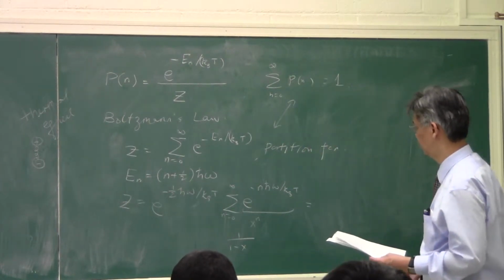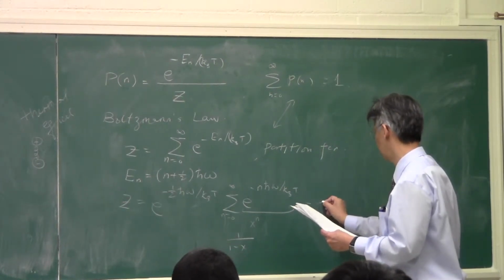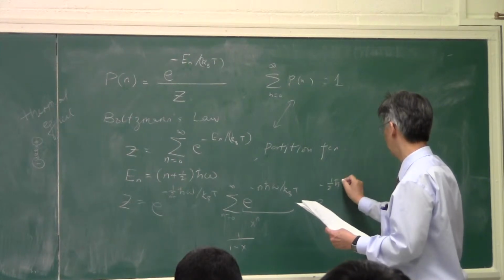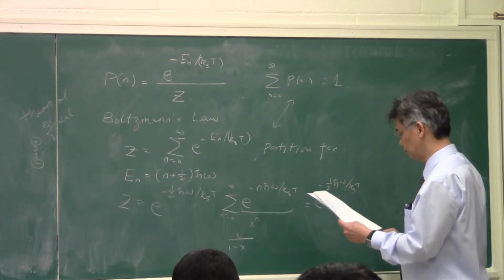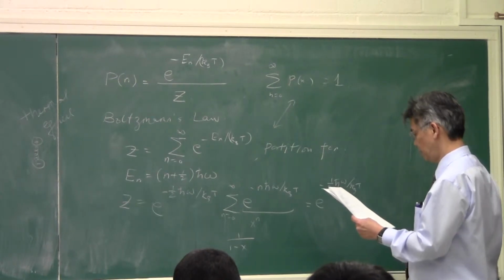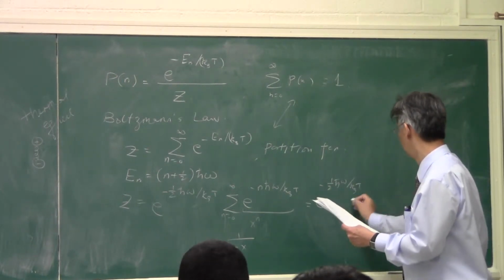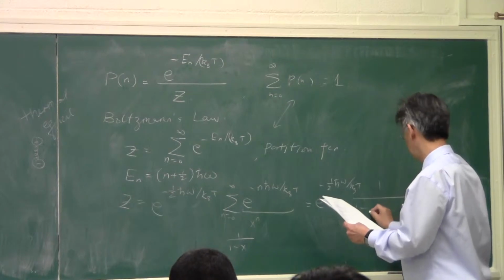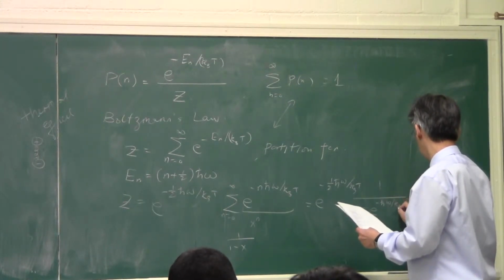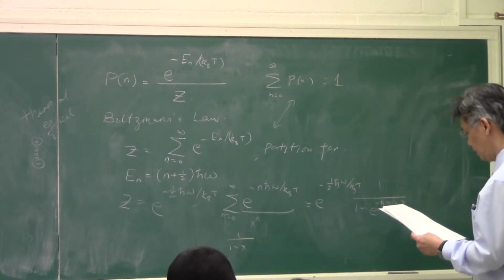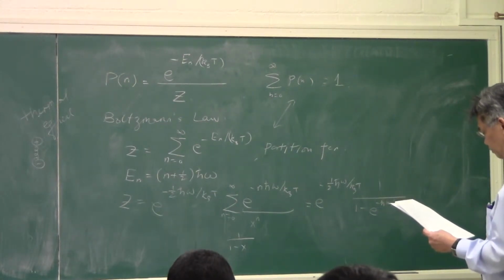And if you sum that, you have e to the minus half h bar omega over kBT, and in the denominator, 1 minus e to the minus h bar omega over kBT. And then you can rewrite this.